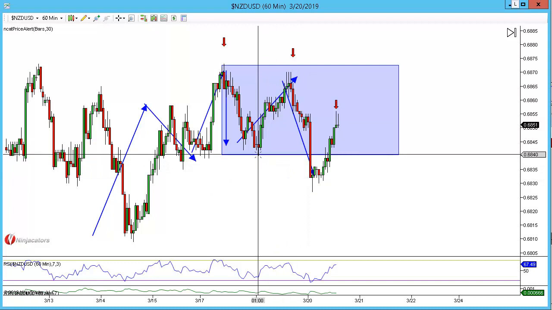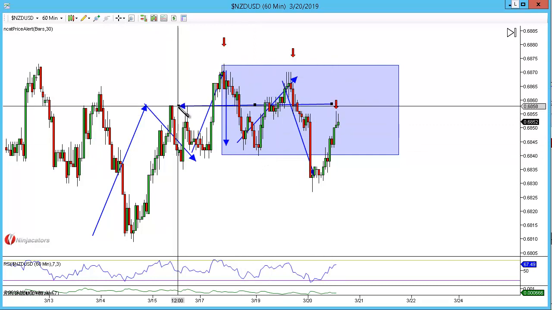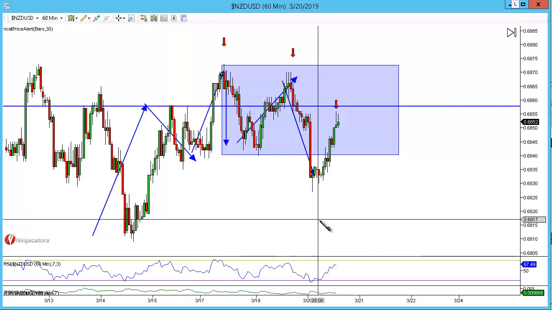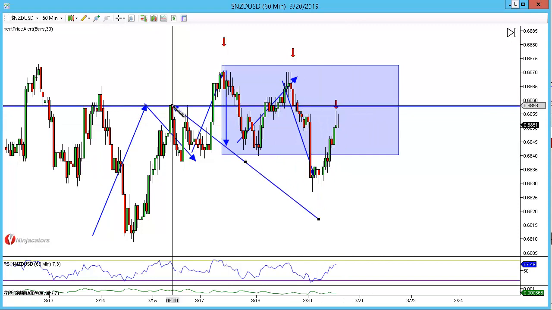Now just some extra info here just to make this interesting. Not too sure what level you're all at for head and shoulders, but typically for head and shoulders we do not violate the left shoulder. So if I was just to put a structure level on there, I would be looking at price going no higher than this left shoulder.